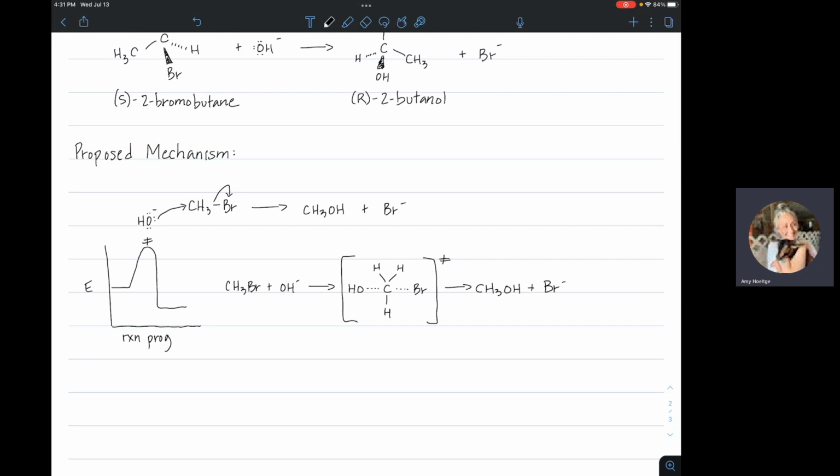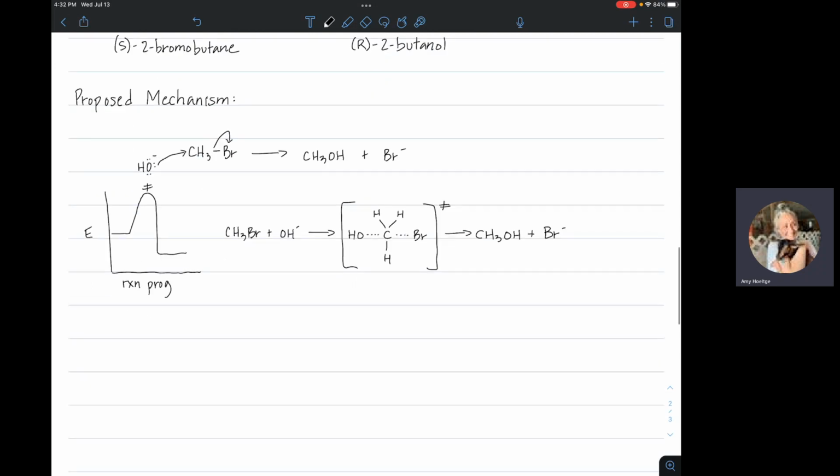So if the carbon that bears the leaving group has a huge substituent on it, like some bulky stuff other than hydrogens, it's a little harder for the nucleophile to get in there. It's harder for the nucleophile to attack a carbon that's got bulky substituents on it. And if that carbon has bulky substituents, something other than hydrogen, the rate slows down. We call that steric hindrance.